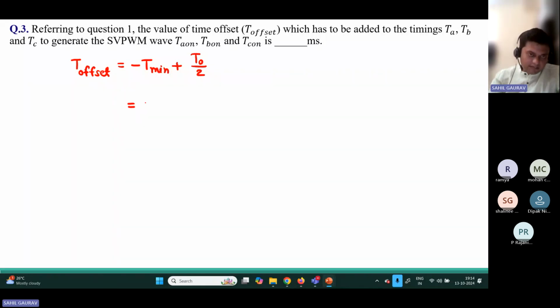So T minimum is 0.2 millisecond, plus 0.3 upon 2. So it will come as minus 0.05 millisecond.